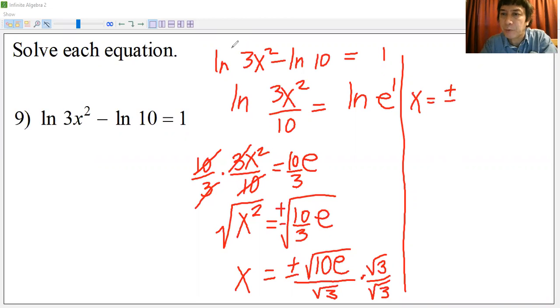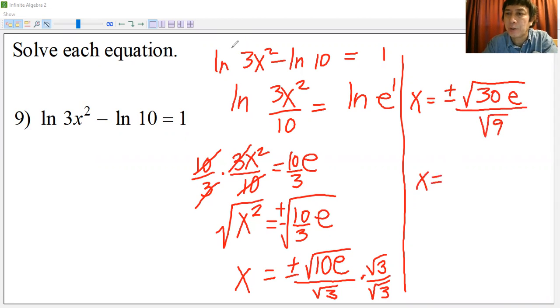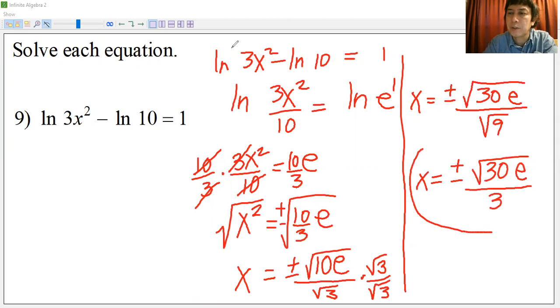You're going to have square root of 30e. Now the bottom is square root of 9, which is reduced to an integer. So we have here the final answer, plus or minus square root of 30e over 3, okay? So these are our roots.